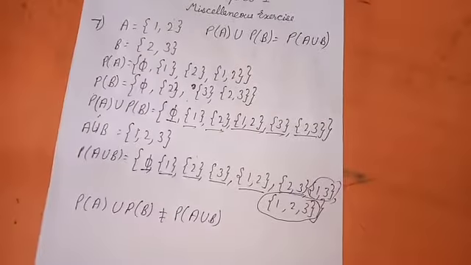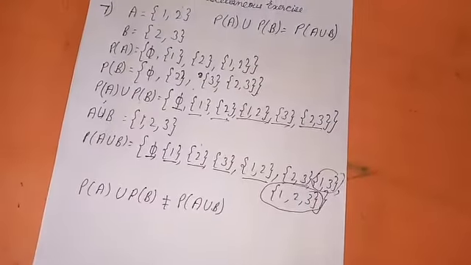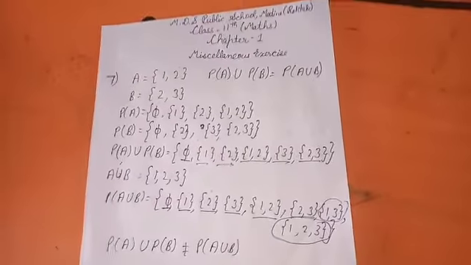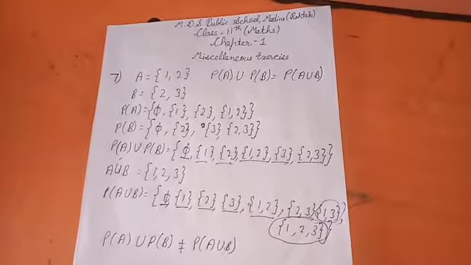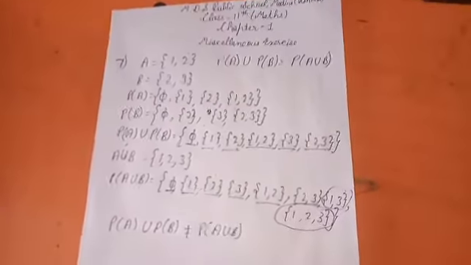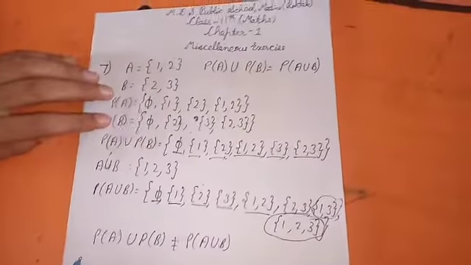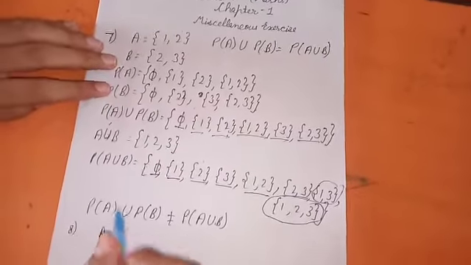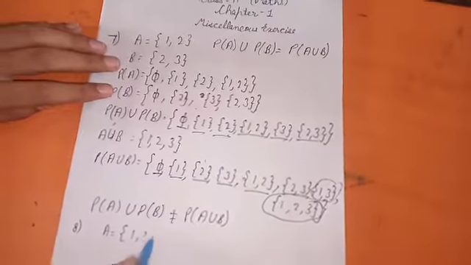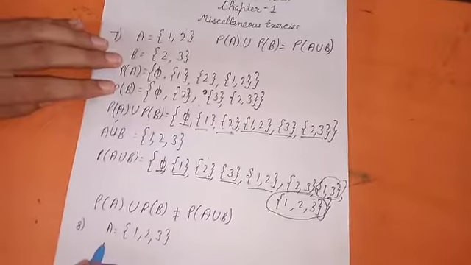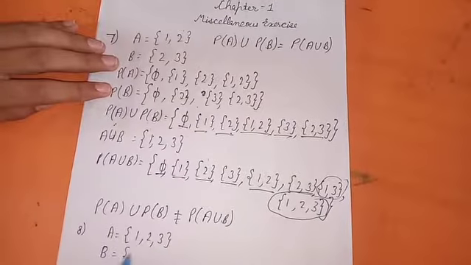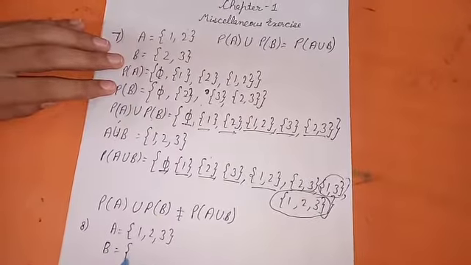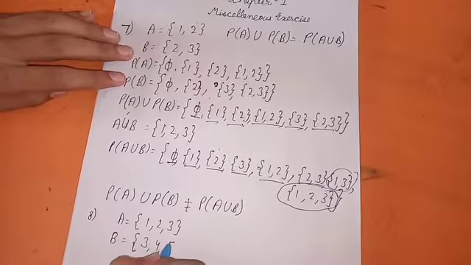Okay, now is question number 8. Show that for any sets A and B. It means in the 8th question also we have to assume two sets A and B. So let me assume A is {1, 2, 3} and B is {3, 4, 5}.